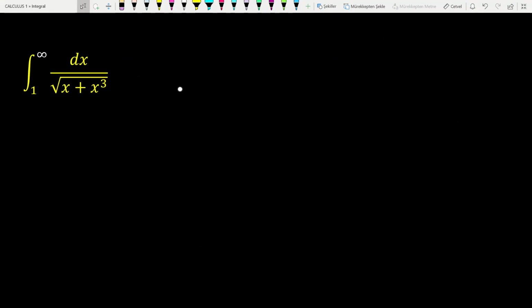I want to compare the integrand with some other function. We know that for x greater than or equal to 1, x plus x cubed is greater than x cubed.